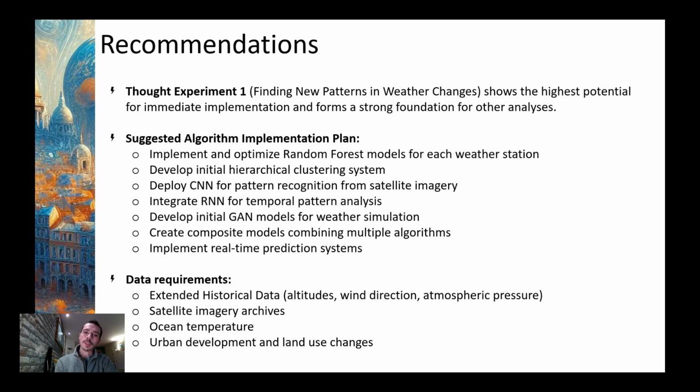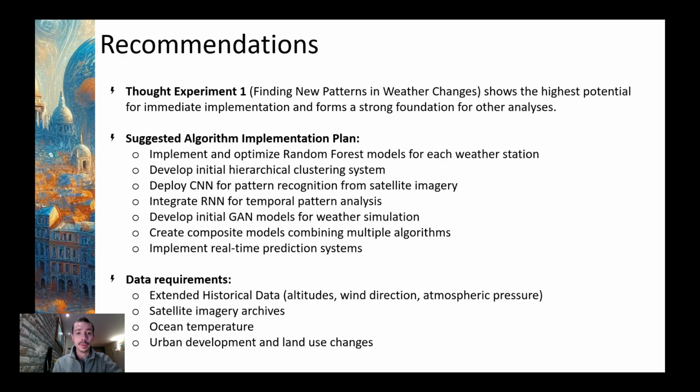Then let me suggest an algorithm implementation plan in order to have a follow-up of all of these technologies and make them work all together. First, we would implement and optimize these random forest models for each weather station. We then develop an initial hierarchical clustering system to understand more regional norms.